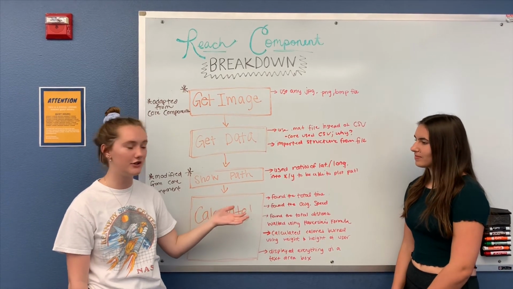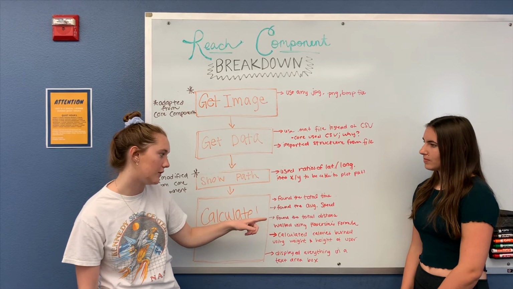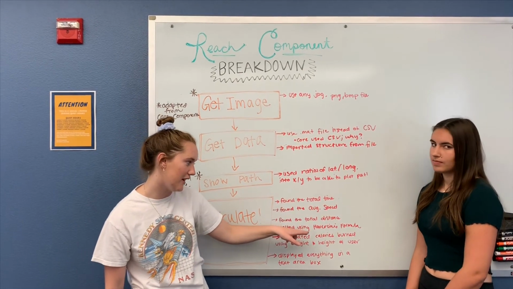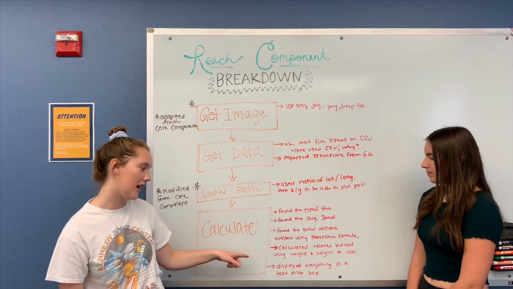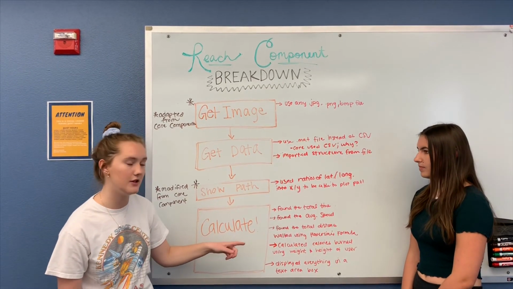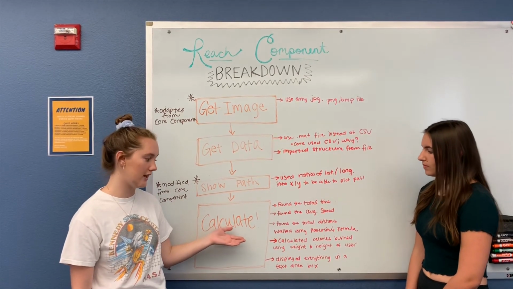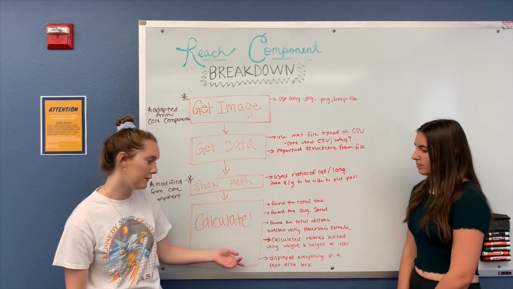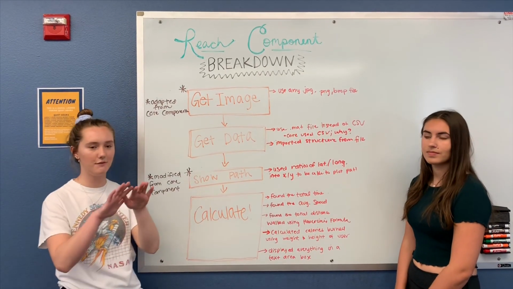It found the average speed between those two distances, found the total distance walked using the Haversine formula, and then calculated calories burned using weight and height of the user. In the app you can put in your own data so it can make it for yourself, and then displayed everything in a text box area so you can get everything nice and neat.